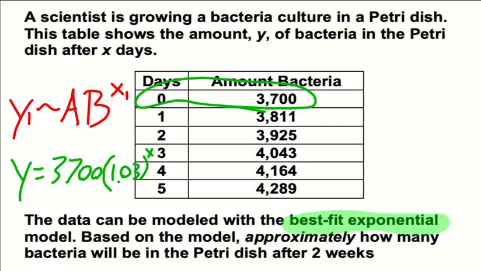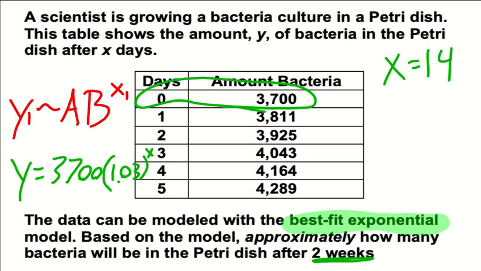So we can either do x equals on a different line, and we can put in 14 days and find where the two lines cross. You're going to have to zoom out a whole lot to do that. It's going to go up pretty high. That's probably not the best way to do it.